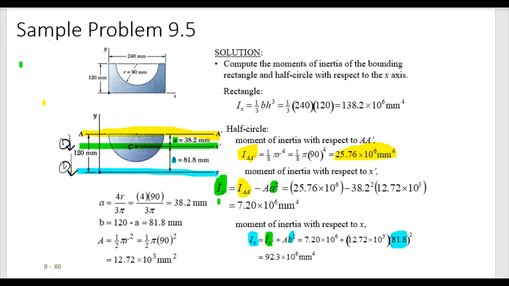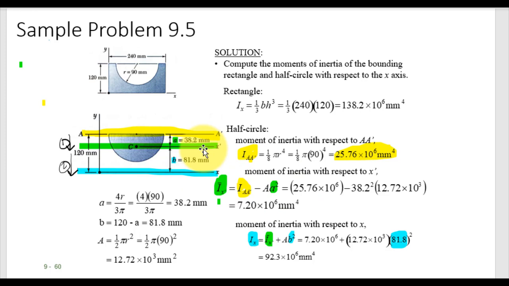Okay, chugging in numbers, the rectangle, that's at 1/3 BH cubed, so you can chug in dimensions for B and H. Keep in mind, inertia has units of length to the 4th. For the half circle, first we're going to go from the yellow that's given in the tables to the green. So that's the first jump that we make using that parallel axis theorem.